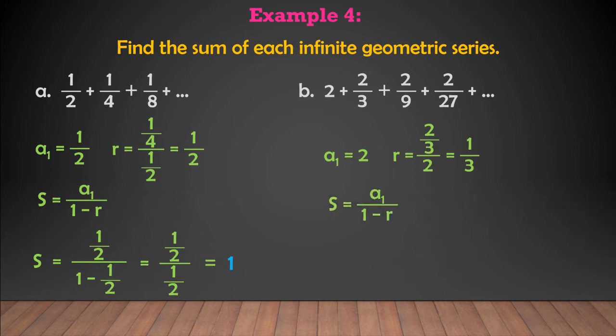Using the formula to get the sum of the terms of the infinite geometric series, and substituting the values, we have S equals 2 all over 1 minus 1/3, since your first term here is 2 and the common ratio is 1/3. Now solving, we'll have 2 over 2/3, or S is equal to 3.